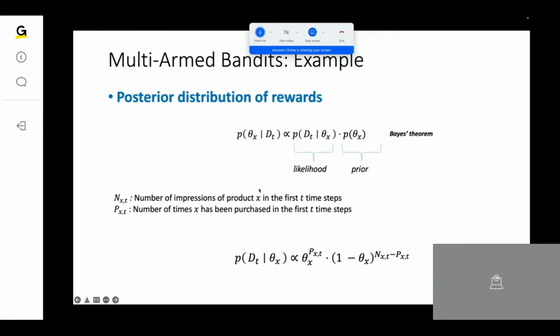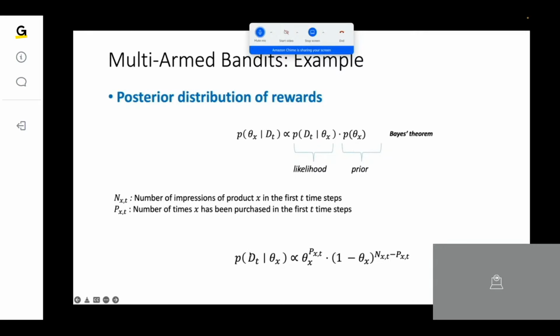Okay. So before that, we'll use some notations. Let's say n suffix x and t represents the number of impressions of product x in the first t time steps. P suffix x and t represents the number of times the product has been purchased within the first t time steps. Okay.